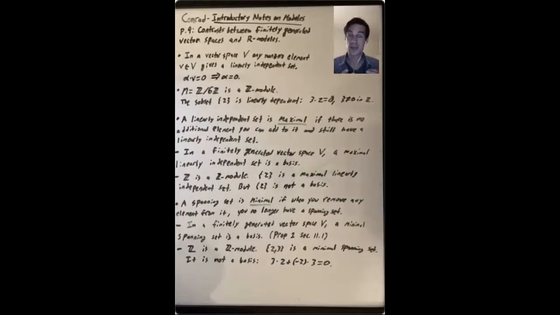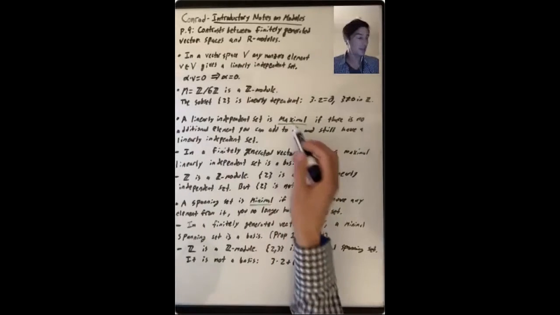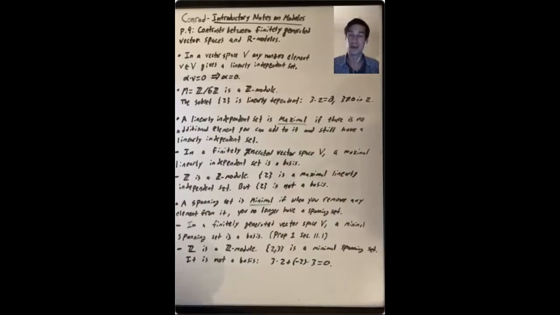Either it spans all of V and then it's a basis, or if it doesn't span V, there's some w that's not in the span of your linearly independent set. And if you add w to your set, then you get a larger linearly independent set.